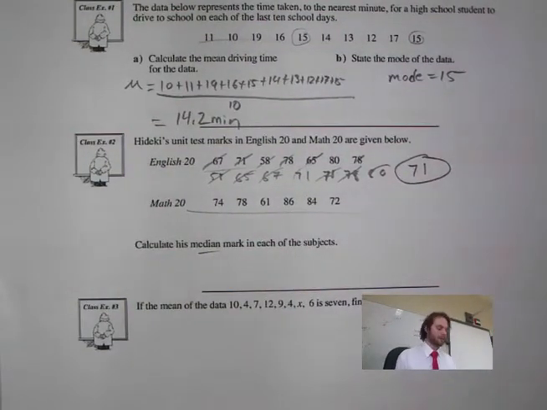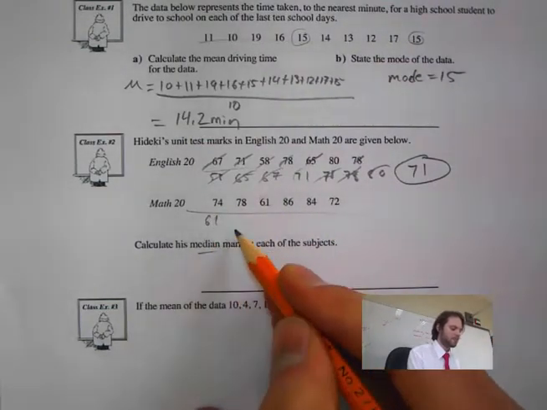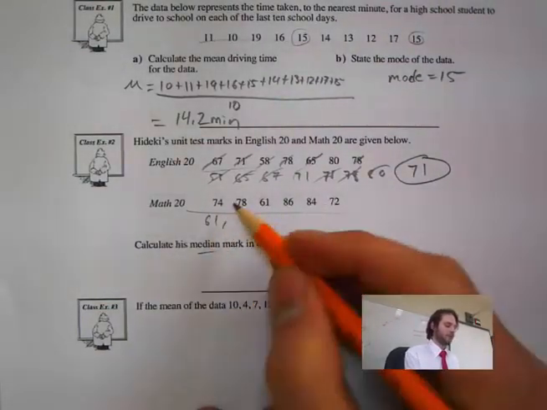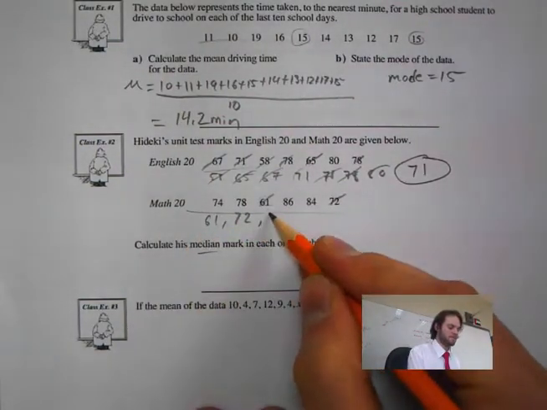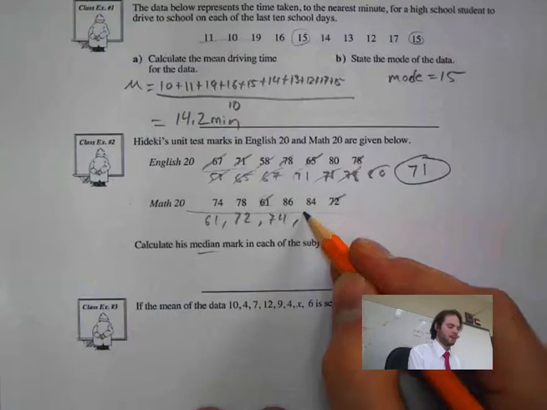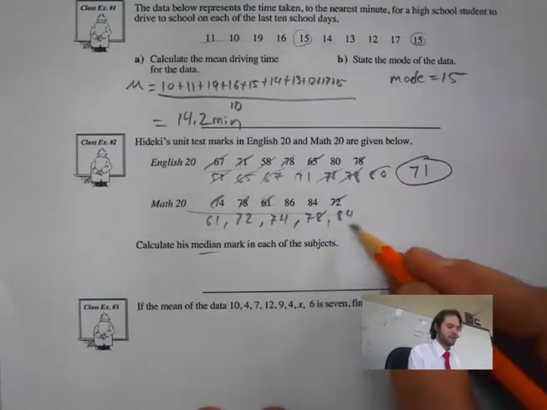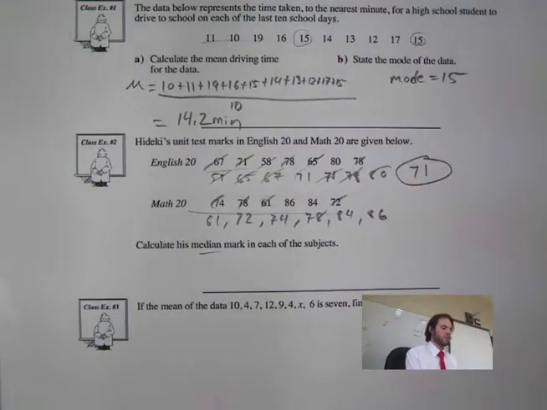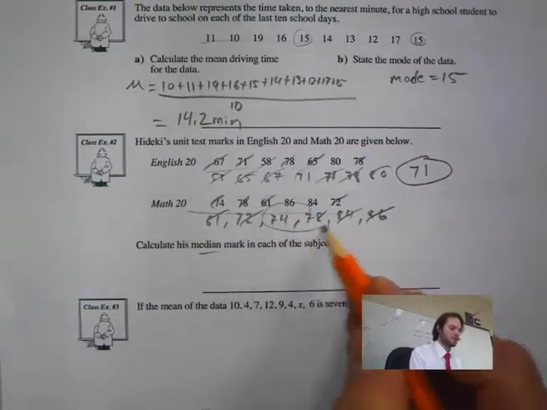Now let's see math. What's the smallest? The lowest mark is 61. Next is 72, then 74, then 78, then 84, and then 86. Now we cancel off from each end. It's in between these two.